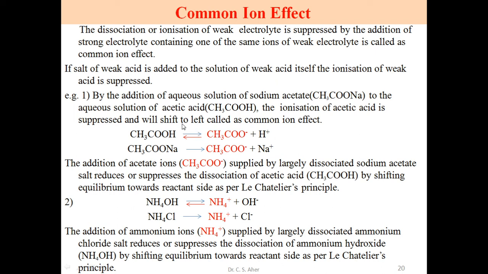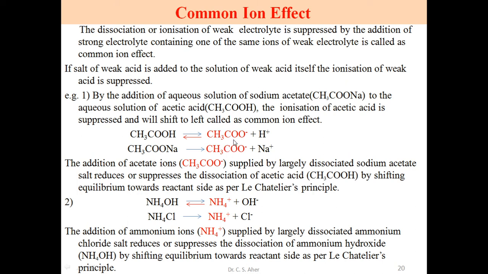When we add to this solution a strong electrolyte, that is a salt, sodium acetate, this sodium acetate is a strong electrolyte and dissociates completely, and in both the weak electrolyte and the salt solution, the acetate ion is a common ion, or same ion. And due to this common ion, what happens? The solution has more acetate concentration.